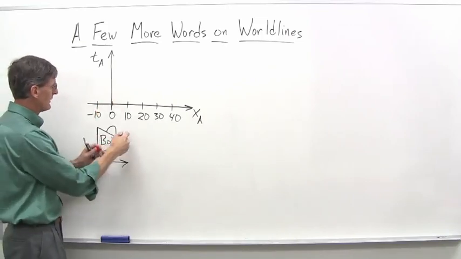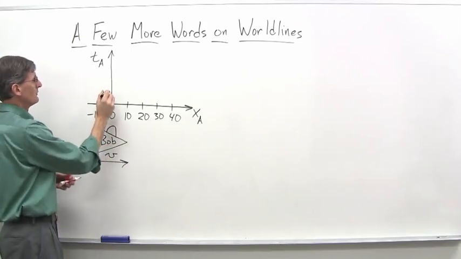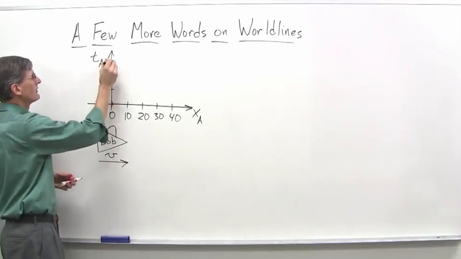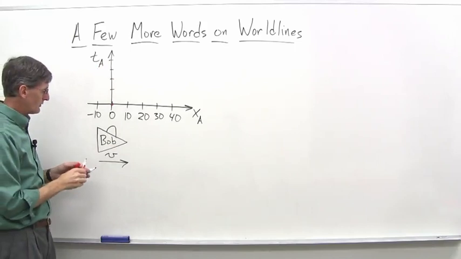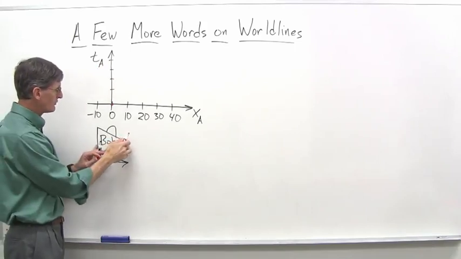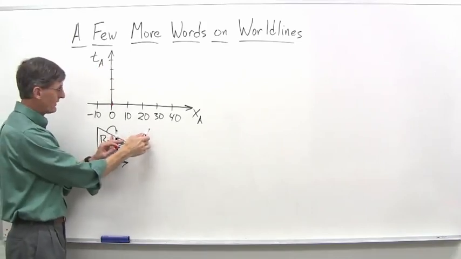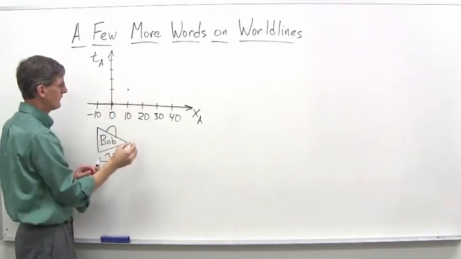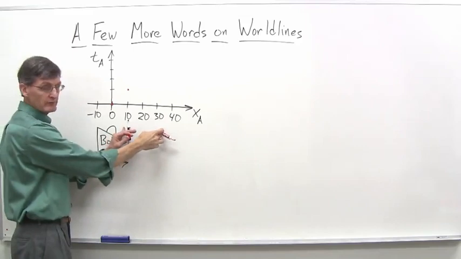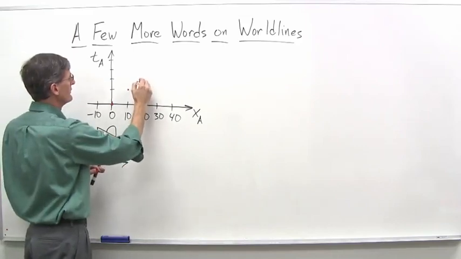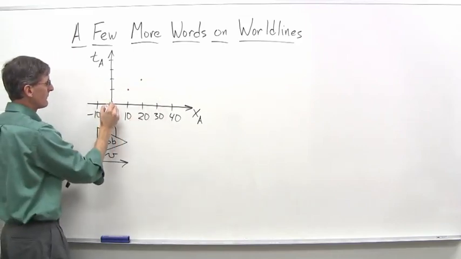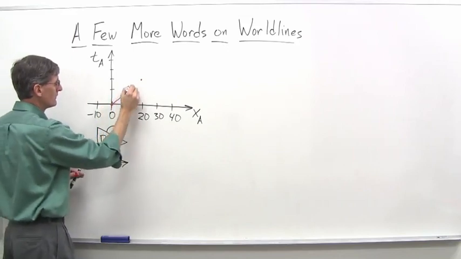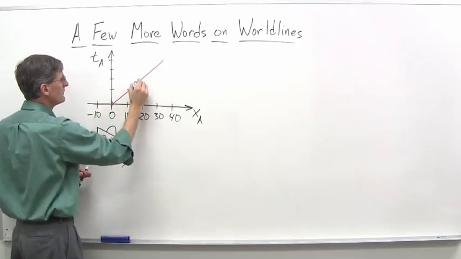Let's put some tick marks here for time. At the next time, the ship has moved over 10, so now he's at position 10, and he'd be right there, and then move again, he'd be at position 20, and so on and so forth. So the world line of Bob in the cockpit would look like that.